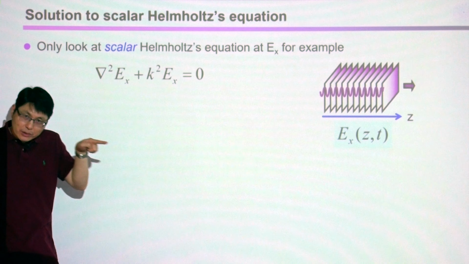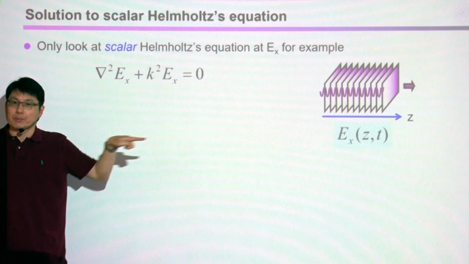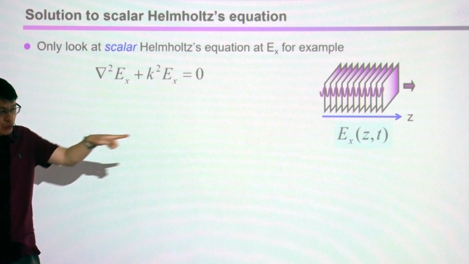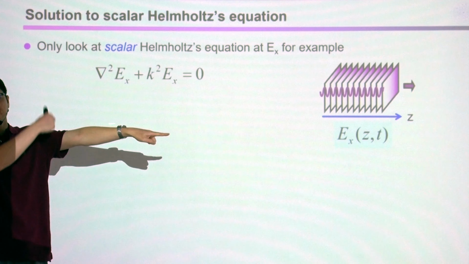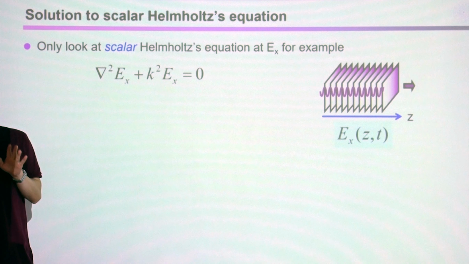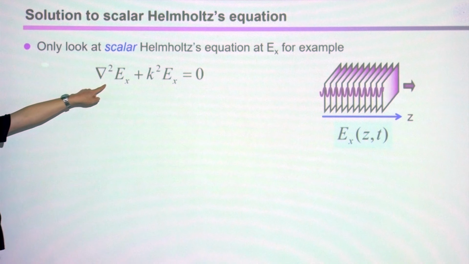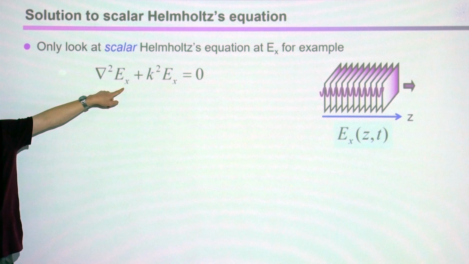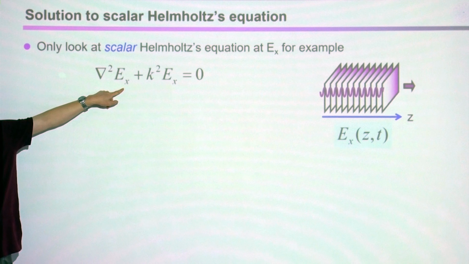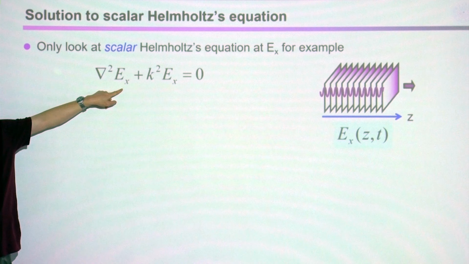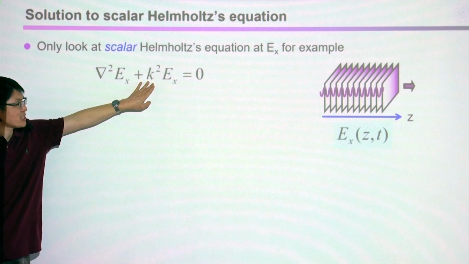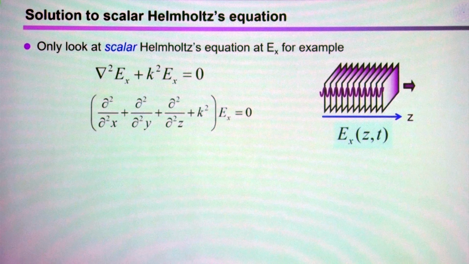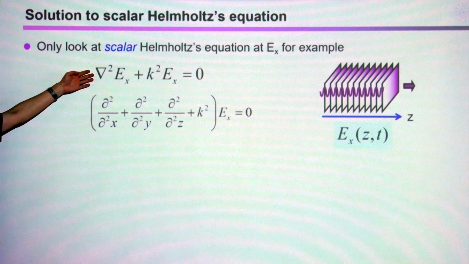Plane wave, you only have one single propagation direction, and everywhere perpendicular to your propagation direction, point by point, they have the same phase. So for this one, scalar Laplacian of Ex, here we only focus on the E field that is oscillating in the x direction, plus k squared Ex is equal to 0. What is scalar Laplacian?